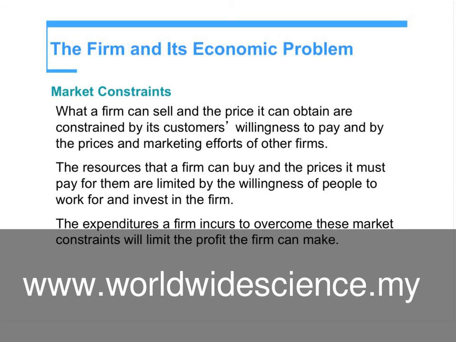Not every customer is going to invest in our firm, and it will give us very limited capital. That limited capital forces us to invest only in certain markets. So the expenditures a firm incurs to overcome these market constraints will limit the profit the firm can make, because we can only make so much investment, and the rest of the market that we don't invest in, we don't get any profit out of.